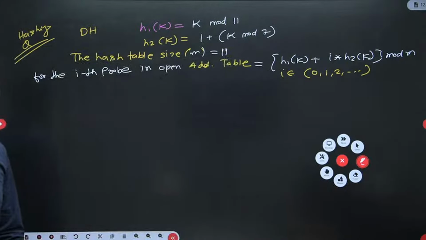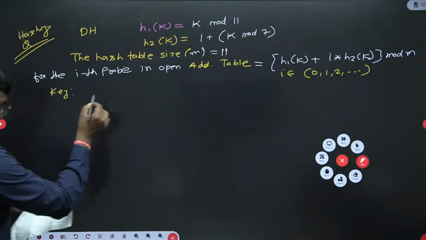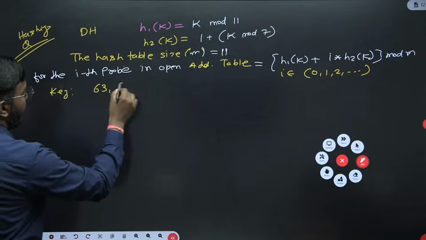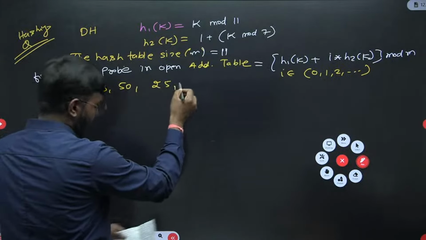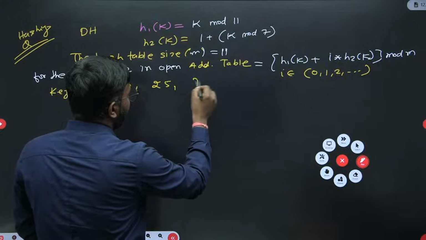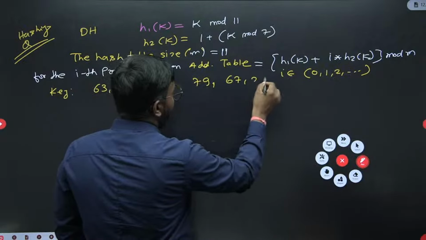Getting my point now? Anyone solve this question? Here the keys are given: 63, 50, 25, 79, 67, and last is 24.